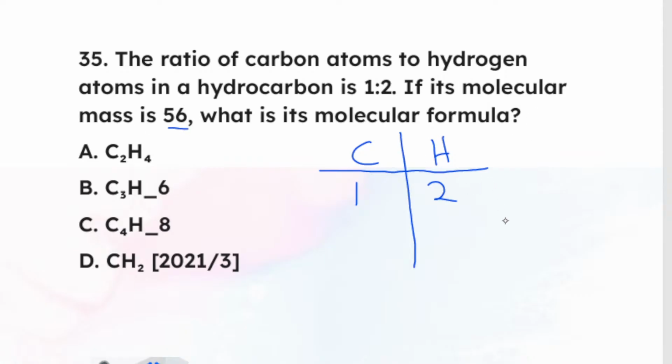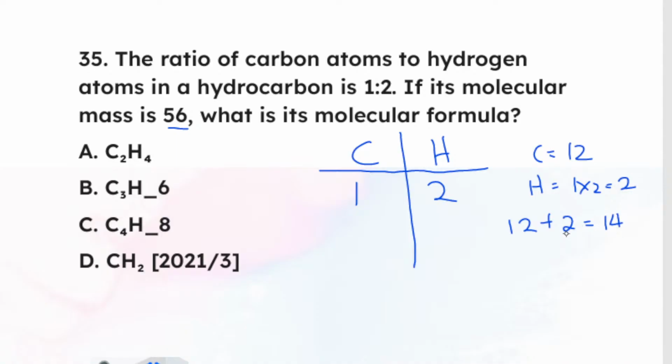So if this is 56, remember, carbon's relative atomic mass is 12, hydrogen's relative atomic mass is 1, right? But we have 2 of it, so it's going to be times 2, so that's 2. If we add those together, we have 14.